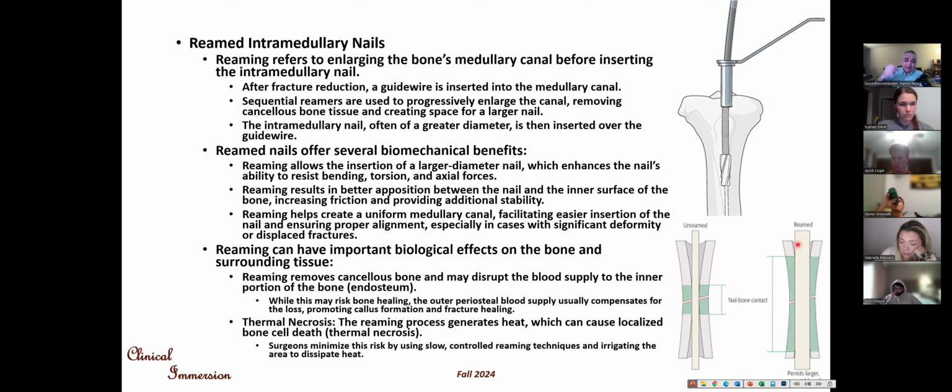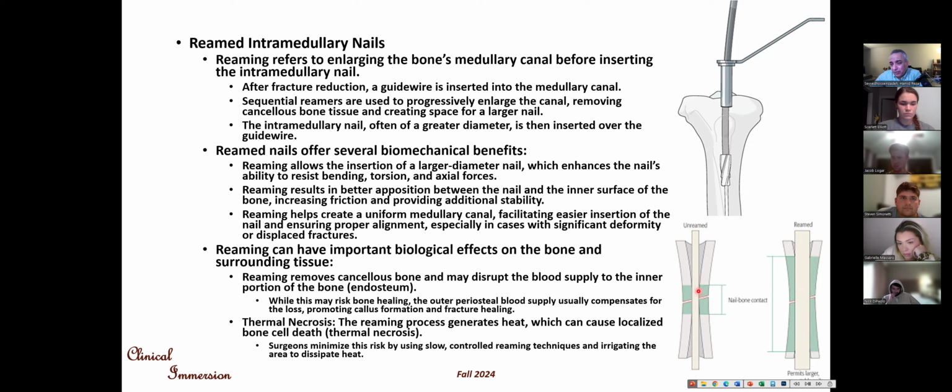So we can insert a larger diameter nail with all the benefits we discussed: bending stiffness, bending stress, strength, torsional strength, and axial stiffness. And also the area of contact between the bone inside the medullary cavity and the nail increases.